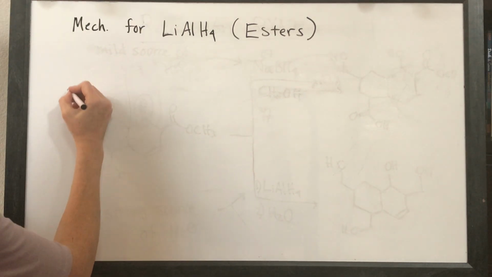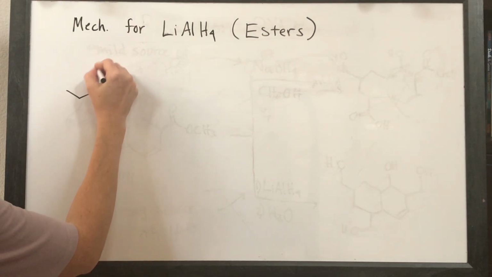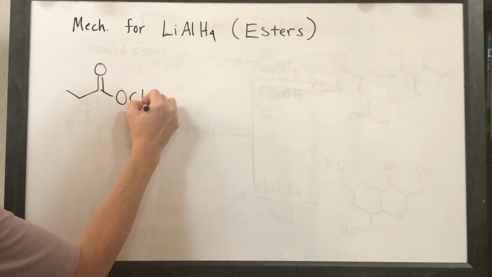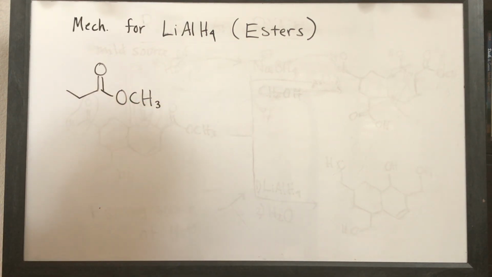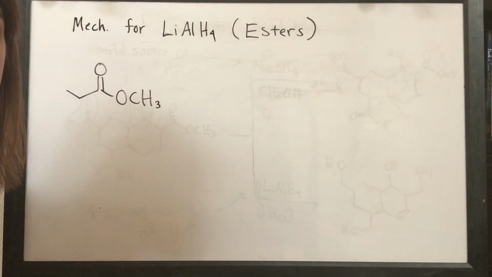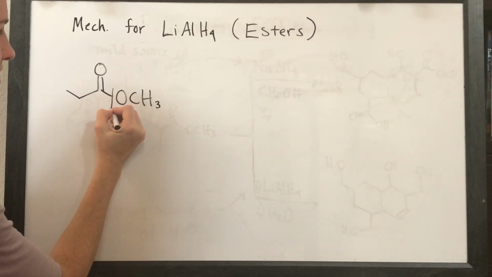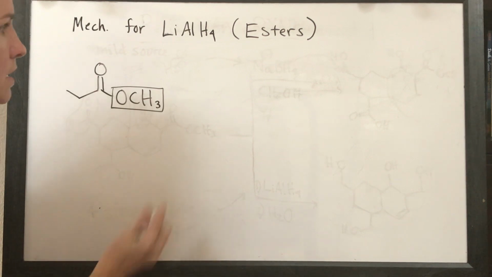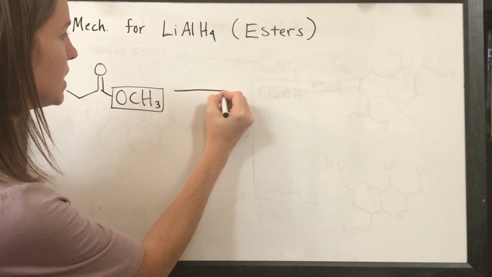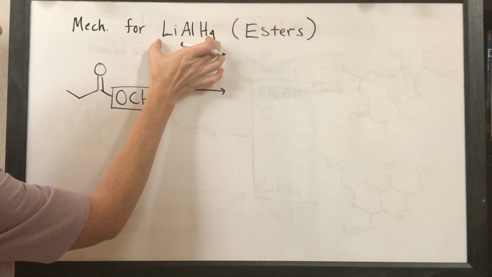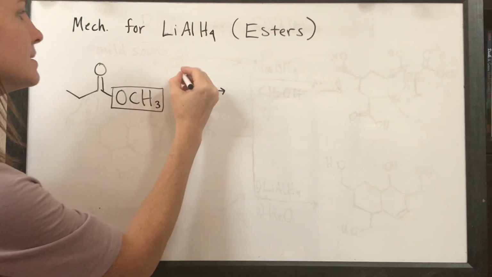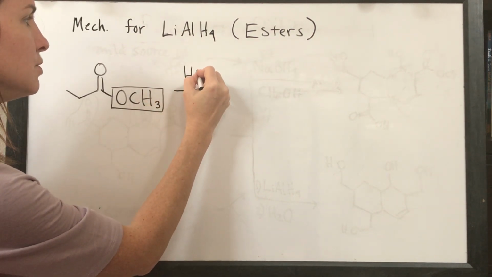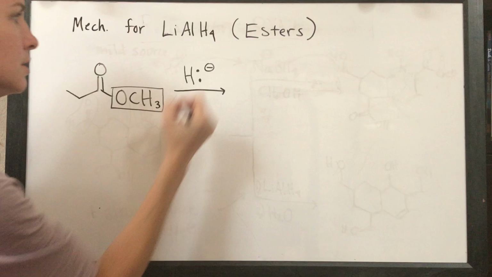So if I'm reducing an ester, let's draw an ester out here. CH3. The difference with esters, as opposed to aldehydes and ketones, is that they have this good leaving group attached to them. So we saw the same mechanism with Grignard reagents. The only difference here is that lithium aluminum hydride is a source of a different type of nucleophile, a hydride ion.